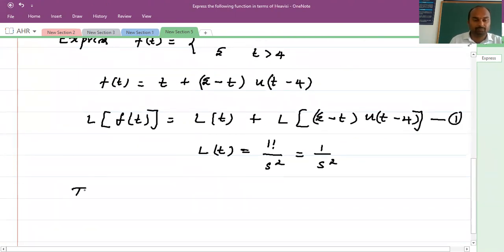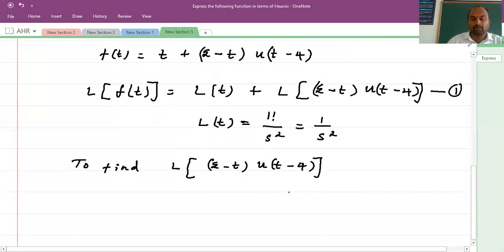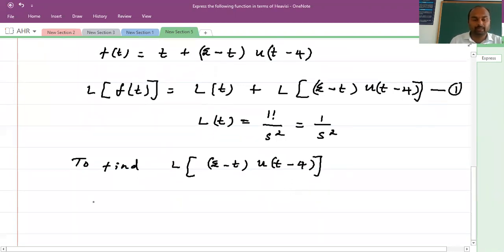Now to find the Laplace transform of 5 minus t into u of t minus 4, we have to take the coefficient of u of t minus 4 as f of t minus 4, that is 5 minus t.